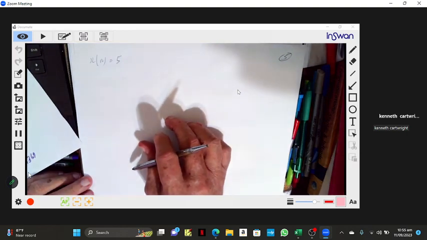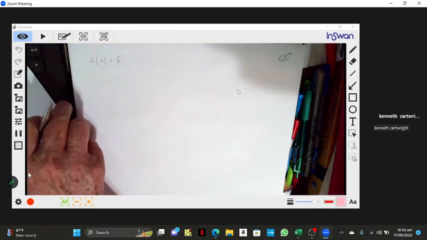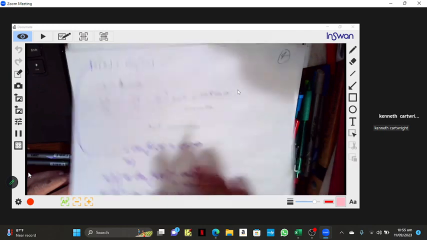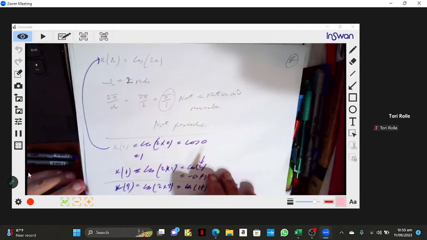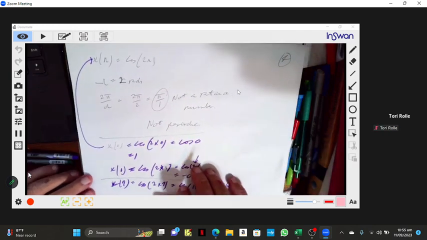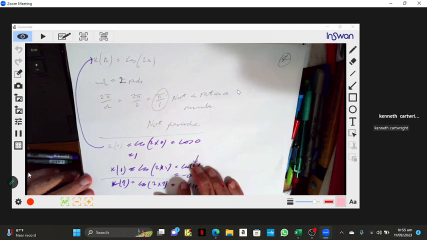What's the unit of n? Rads? No. The unit of n is not rads. Rads per second? No. There are no units to n.